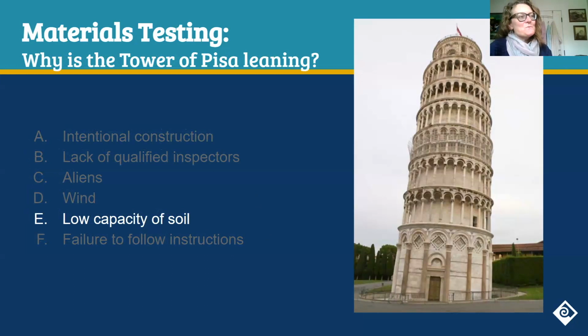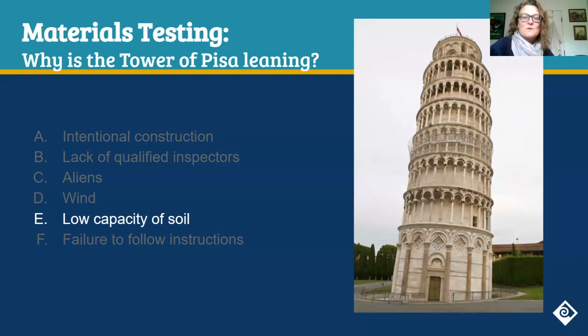So a really fun part, I have a lot of experience working with dirt and soil. So I think this is one of my favorite parts of the program, materials testing. So it's testing the soil and the ground that you're planning on building on to make sure that you have a solid foundation for your building.